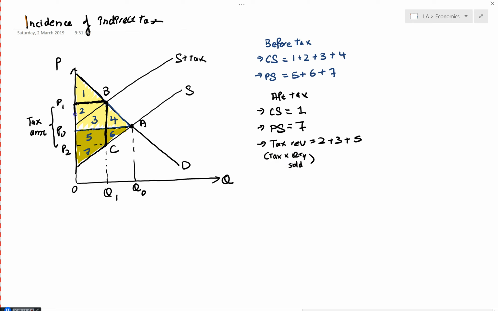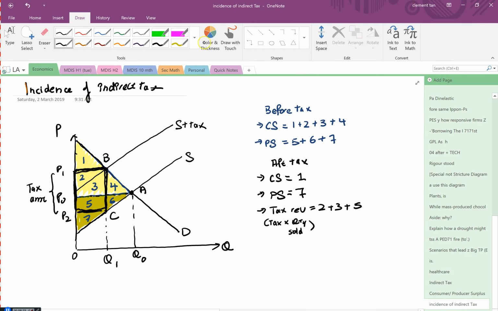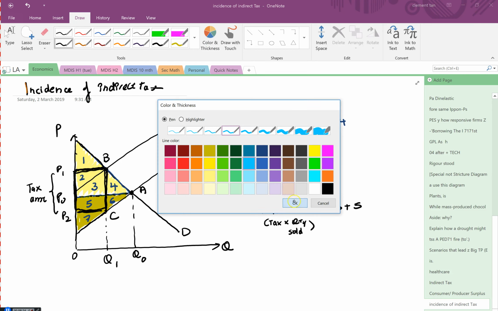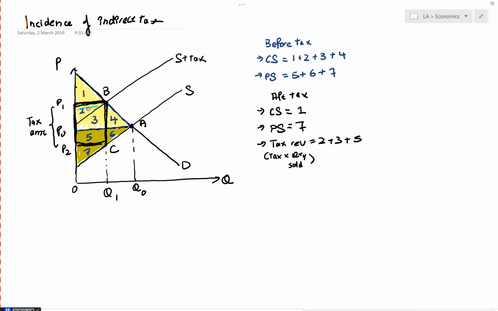So tax amount times quantity sold. So this rectangle is actually your tax revenue.